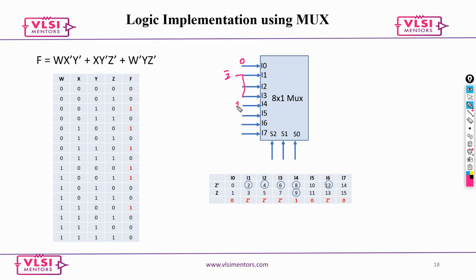Now I4 is basically 1, and then I5 is 0, I6 is Z bar, and this one is 0. Now this is going to be W, X, and Y.